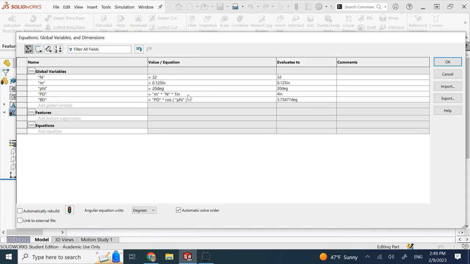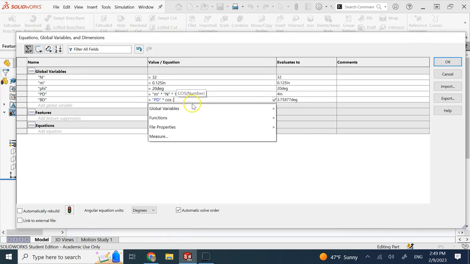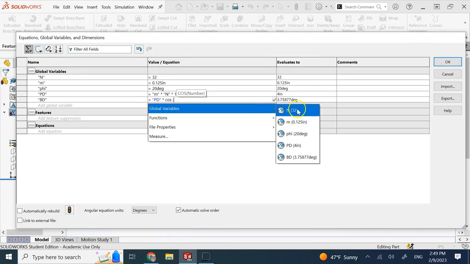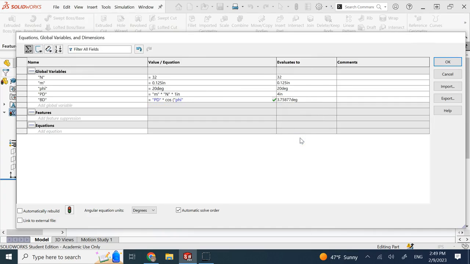There we go. So now let's reevaluate this: PD times cosine of phi, because PD now has units of inches. It's still showing as degrees, so I need to add probably times 1 inches. There we go. So make sure the dimensions are consistent and they are in inches.